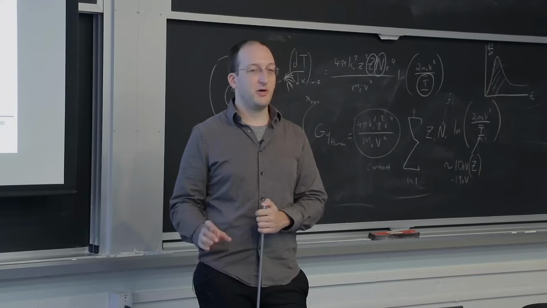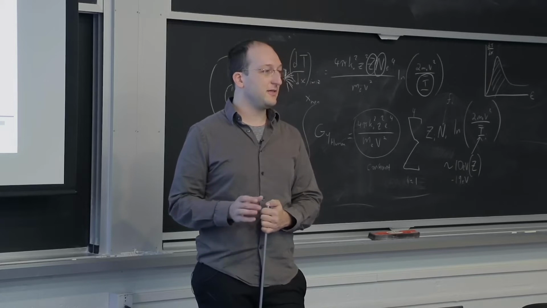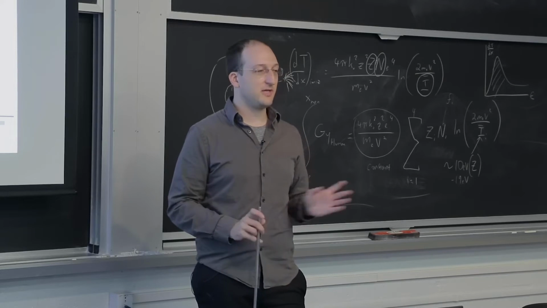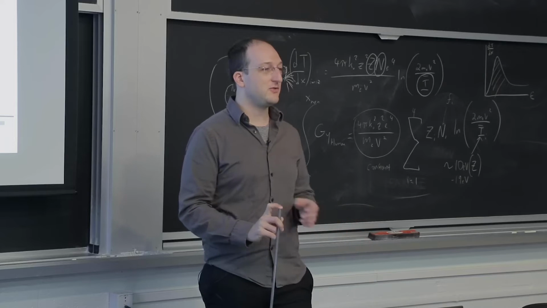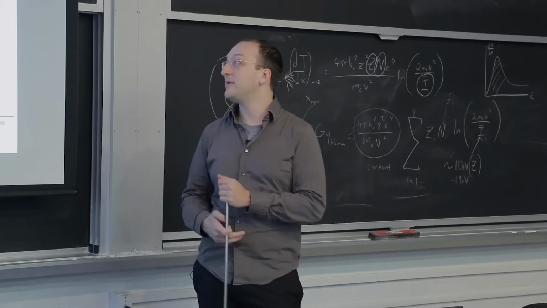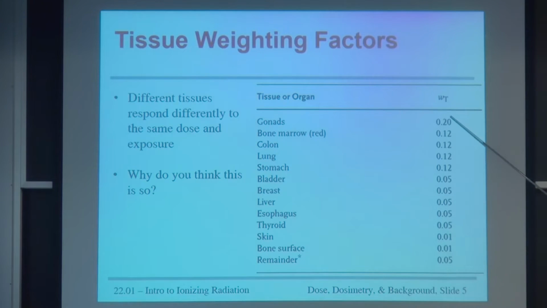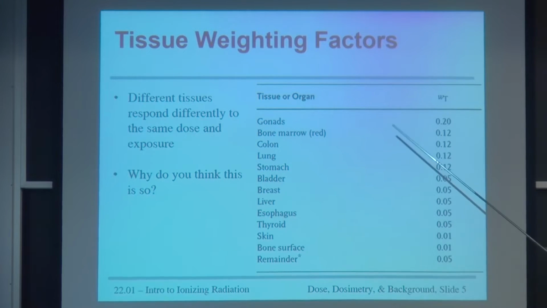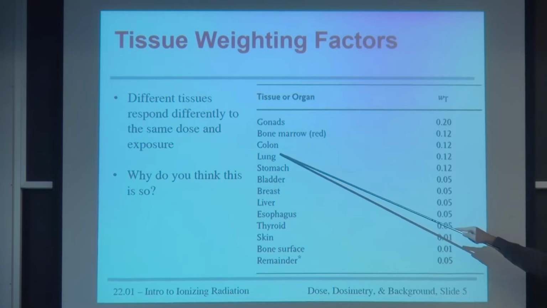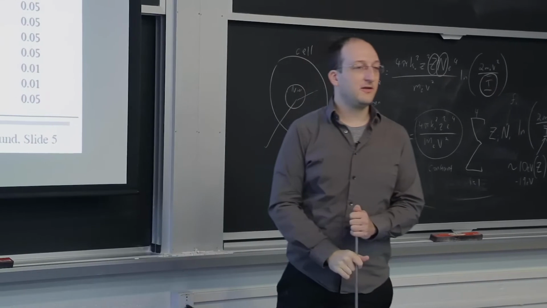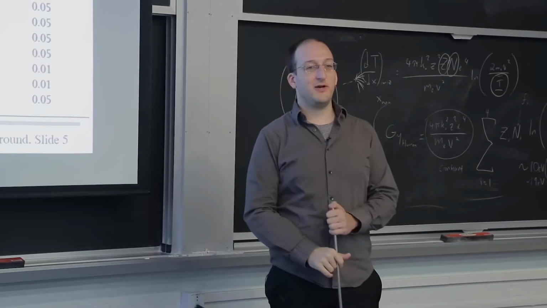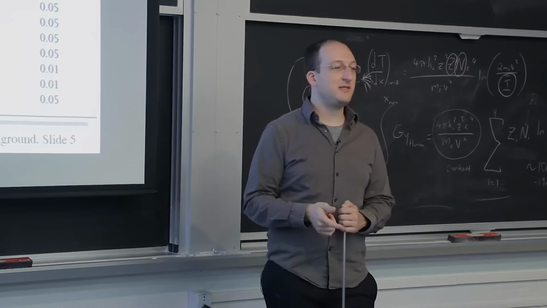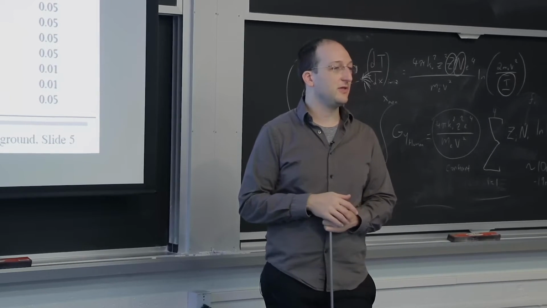The surface of your bone, the hard part, is basically standing still. It's just calcified minerals with some osteocytes trapped in there. Not much happens. What's happening constantly in gonads, bone marrow, colon, lung, stomach? Producing more cells. Yep. This is where stem cells and rapidly dividing cells tend to be found.